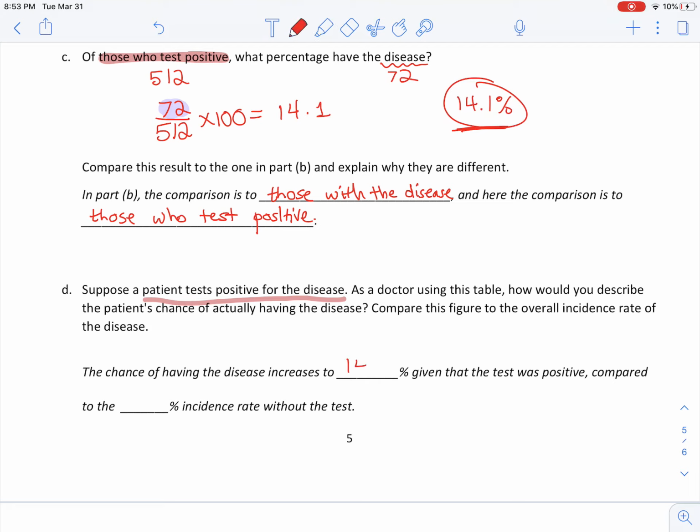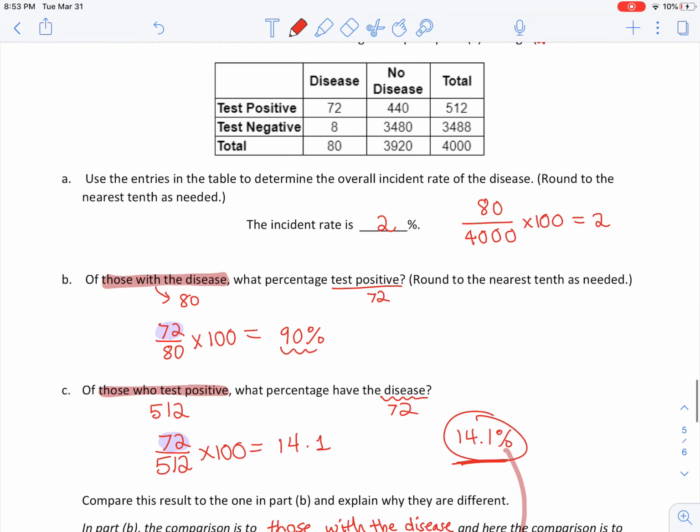The chance of having the disease increases to 14.1%, right? Because this person just got a result saying that they got this disease. So I got that number from part C right here. Given that the test was positive, compared to the incident rate that we just found.